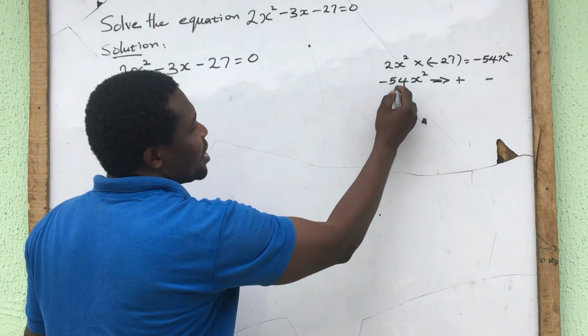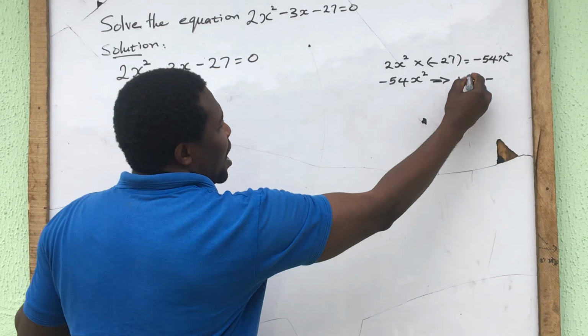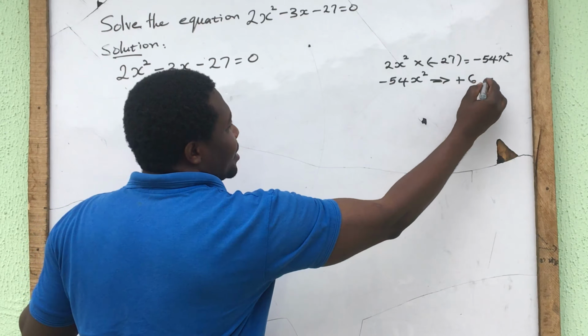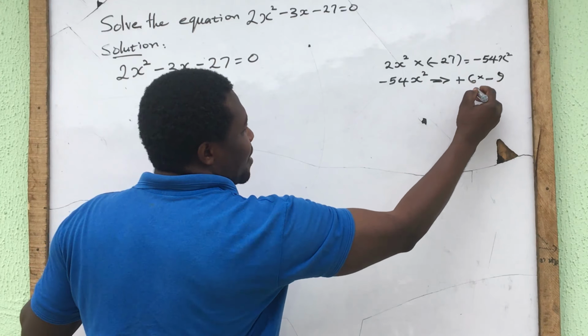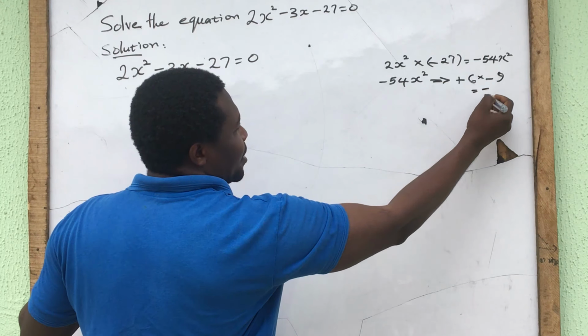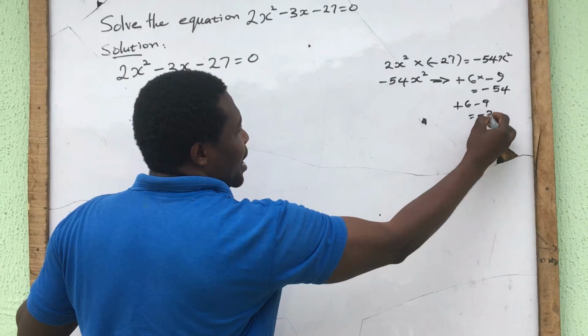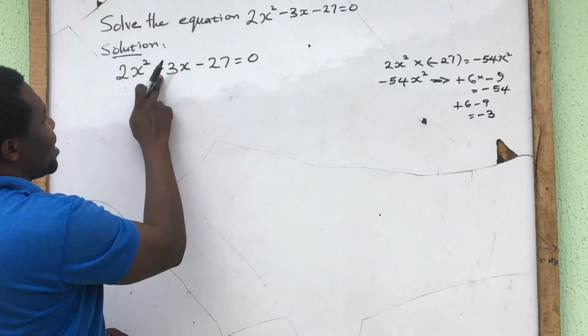So I'm going to look at it now. When we break this one down, 54, that is a 9 times 6. If you have 9 times 6, then you are going to have minus 54. Can you see that? And then when you have plus 6 minus 9, that is minus 3, which is this. So we are going to have minus 3 here.